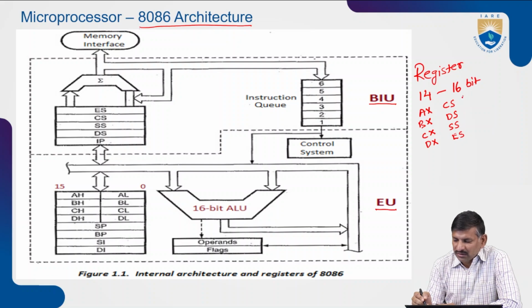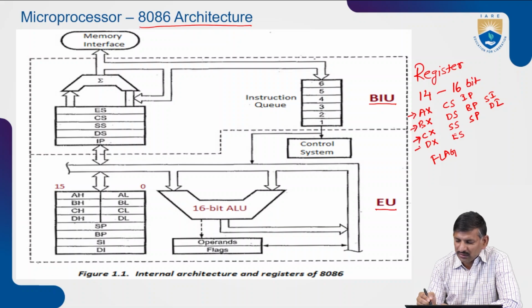Next, instruction pointer, base pointer, stack pointer, source index, destination index and flag register. These are the 14 16-bit registers available in the 8086 microprocessor.